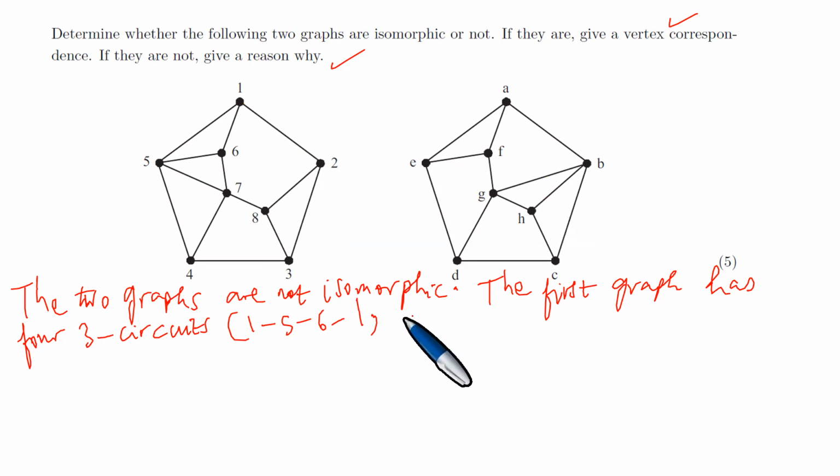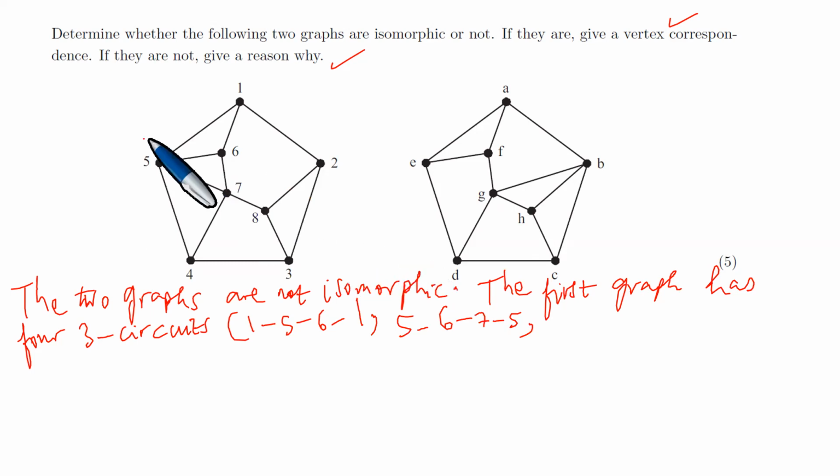There's another one. Vertex 5, you go to 6, you go to 7, back to 5. So 5, 6, 7, 5. We found another 3-cycle, but are they the same number?